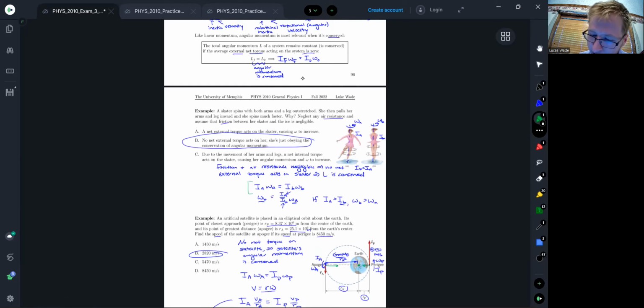And so when she brings her arms in, she's reduced her moment of inertia. What does that say about her angular speed? How fast she rotates? It increases, because if we have the moment of inertia go down, then to keep the product of moment of inertia and angular speed the same, that has to go up to compensate.